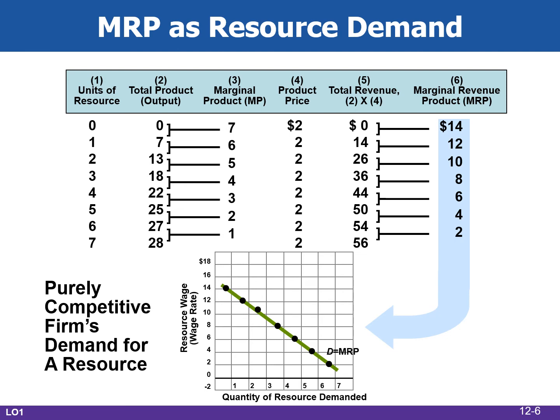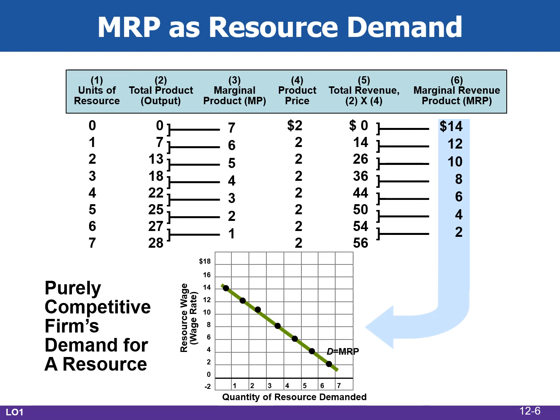Now the all-important column number 6. Remember, marginal revenue product is derived from both the productivity/efficiency of the resource, which is measured by column 3, marginal product, along with the price of the product itself. In other words, when you think about the idea of derived demand, there are 2 parts to the demand for this resource, labor.